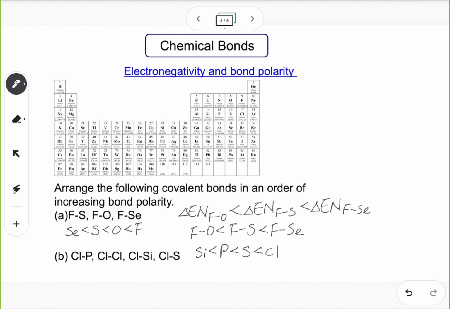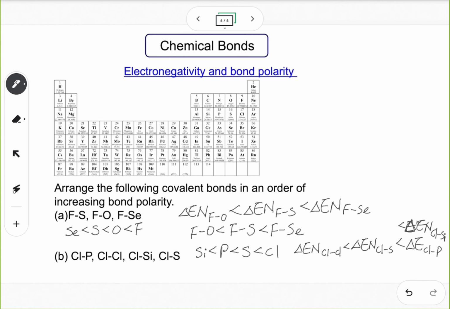And again, based on the relative positions of those four elements in this sequence, delta EN of chlorine-chlorine would be less than delta EN of chlorine-sulfur, less than delta EN of chlorine-phosphorus, and then less than delta EN of the chlorine-silicon bond.